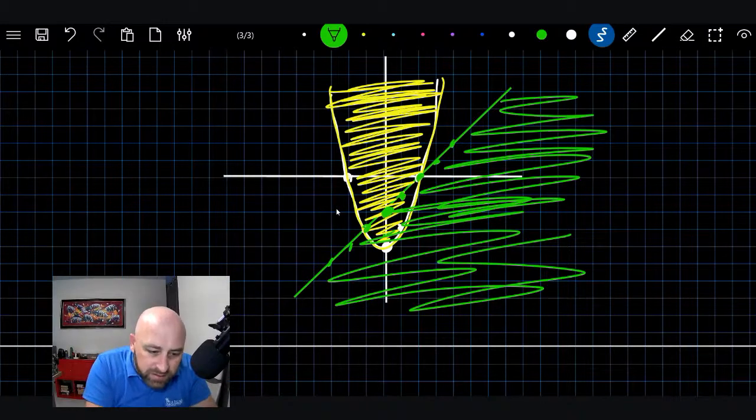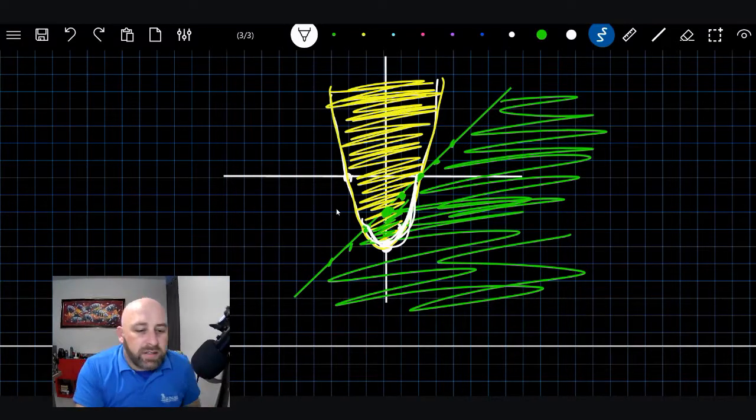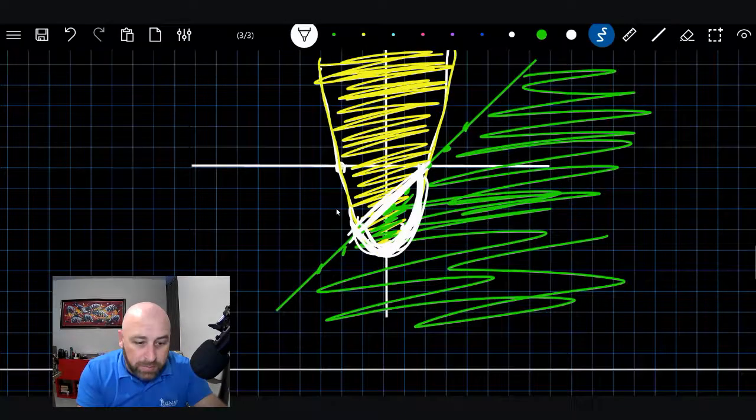Now I want you to see something right here. This is the only part of the parabola right here that works. Okay? So it's a little bit hard to see, but here's the green line, and here's the parabola. The only part of this that has yellow and green in it, look, let me zoom it in right there.